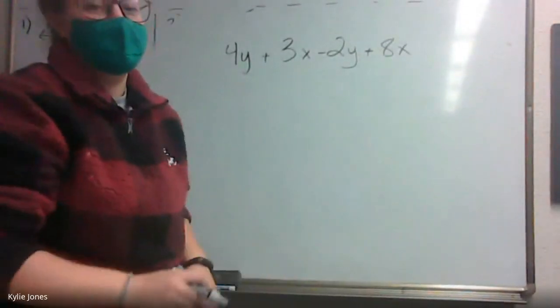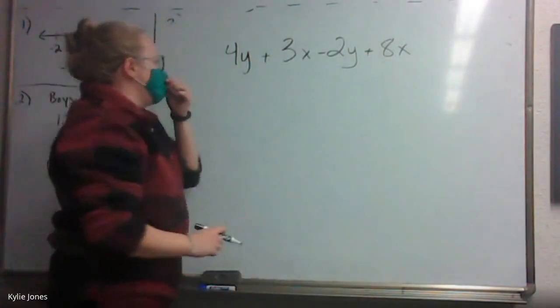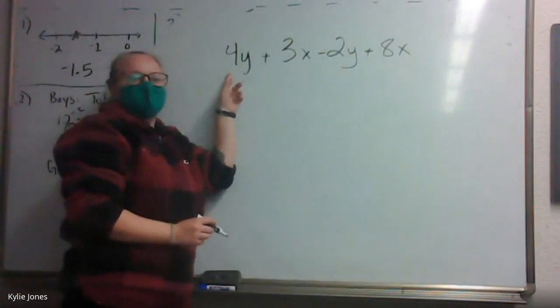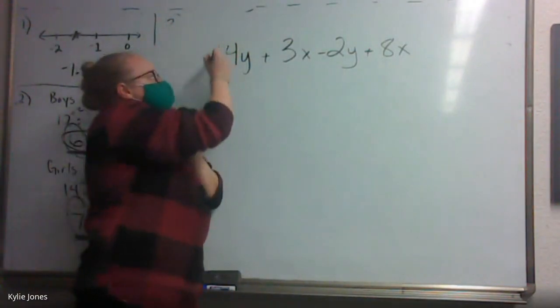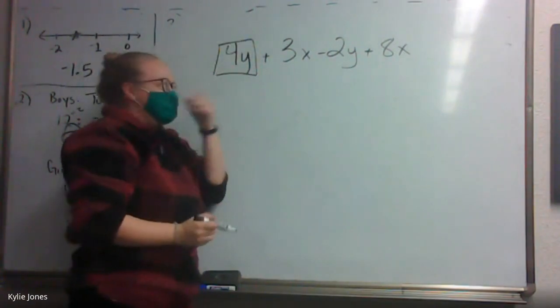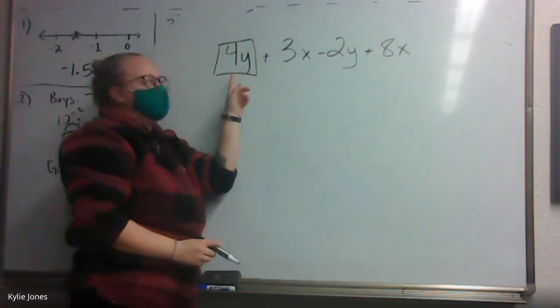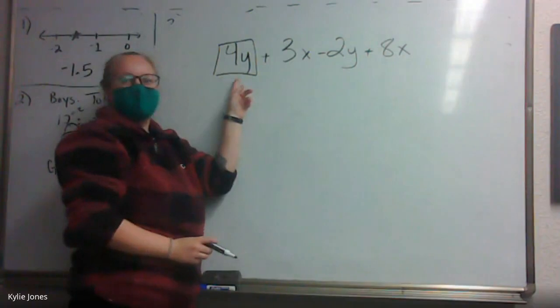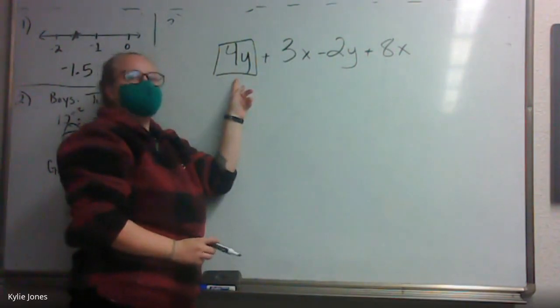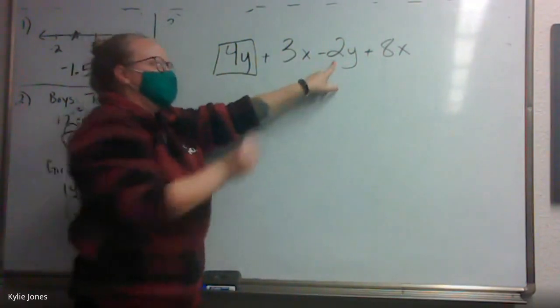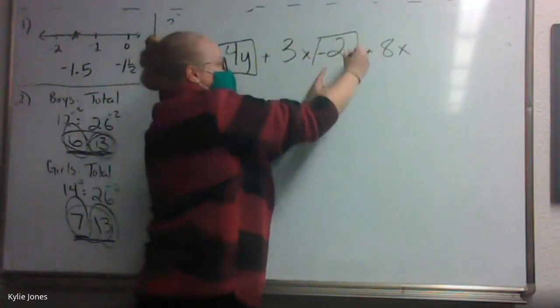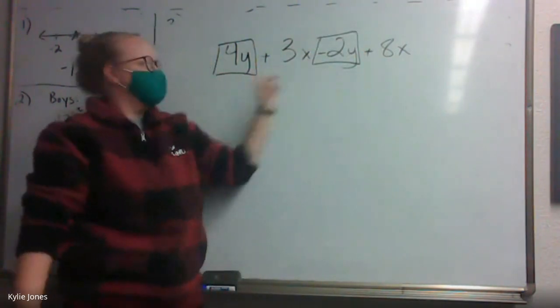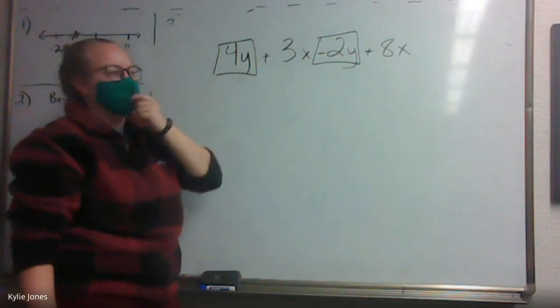Let's do one together. I'm gonna have you do one on your own, okay? Let's look at our y's first. Okay, let's start with positive 4y. Is there something that can combine with this y? This 2y, right? But you got to make sure you take the negative in front of it. So y and y. Okay?